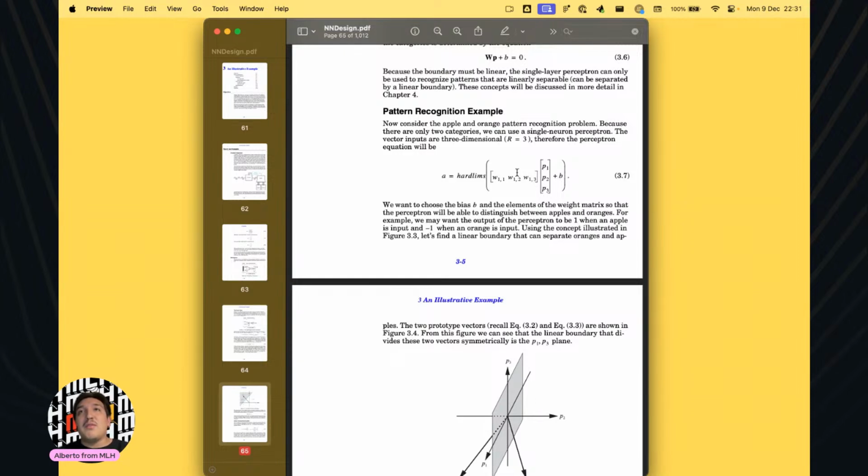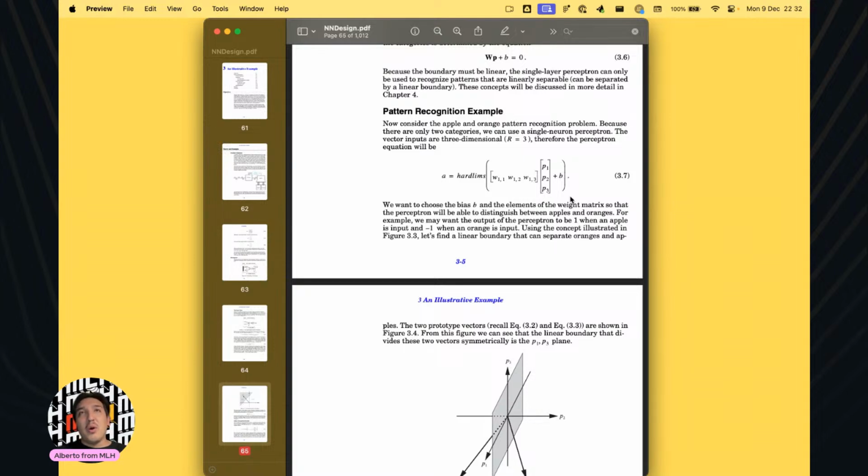If you want two classes, you will have just one neuron, one elevated to 2. If you want four classes, you will have two neurons, two elevated to 2, and so on. In this case, we only want to classify two things: oranges and apples.